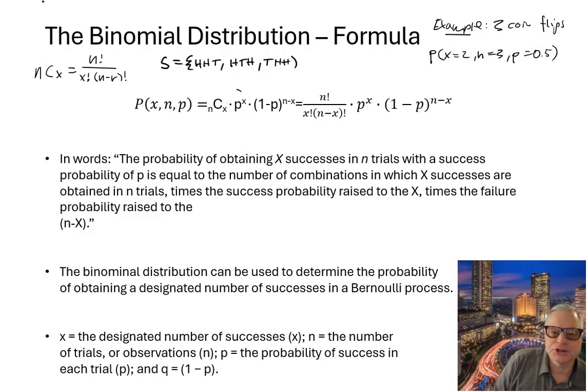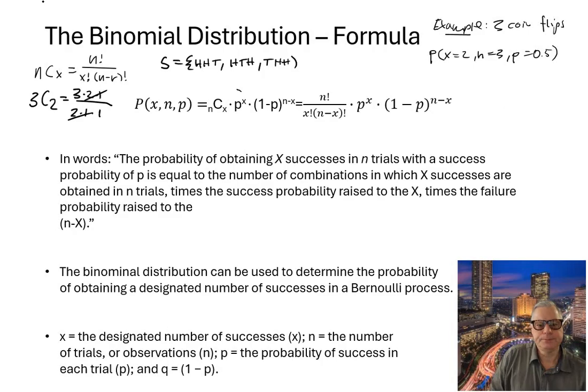So now let's double check with that formula. So now we have 3 choose 2, so that would be 3 factorial, 3 times 2 times 1, over x factorial, 2 times 1, times 3 minus 2, 1 factorial. So we get 3.